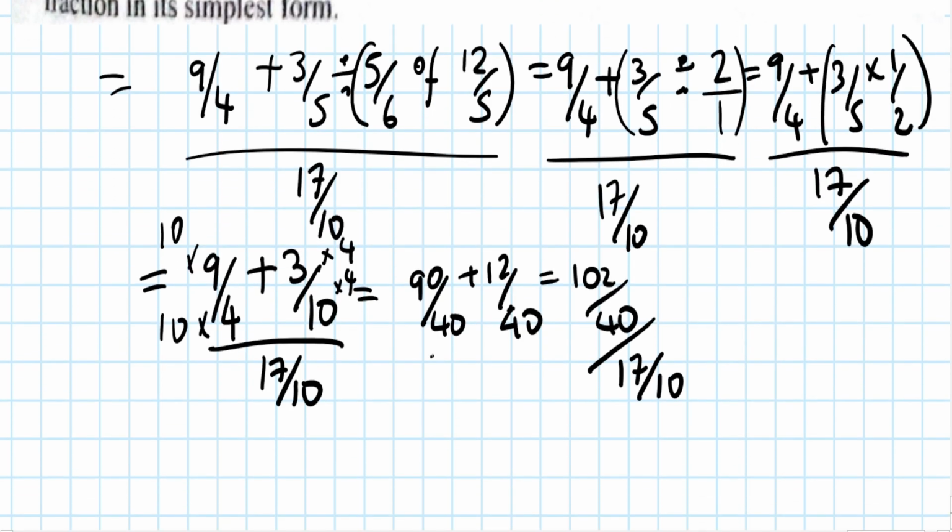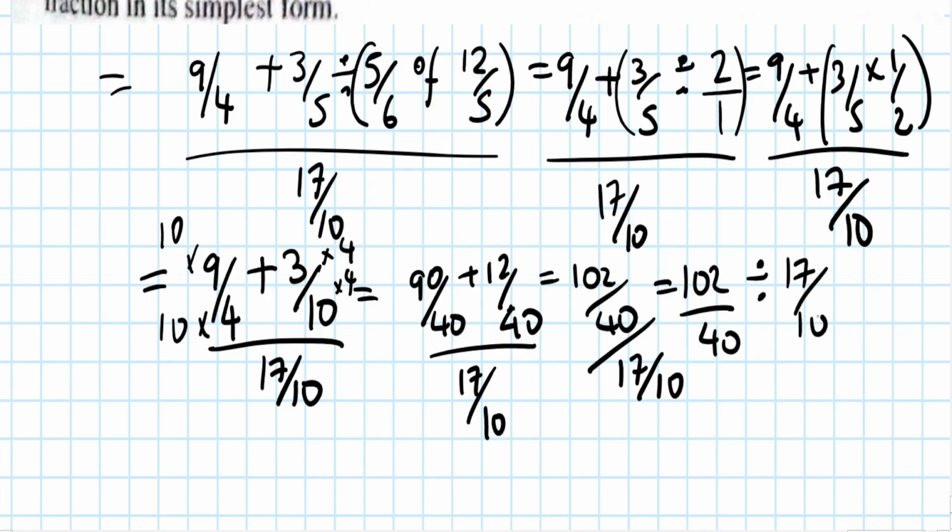So once we get that, next step is finally 102 over 40 divided by 17 over 10. Division changes to multiplication, which will become 10 over 17. The 0s cancel out. 17 goes into 102 how many times, by the way? 102 divided by 17.